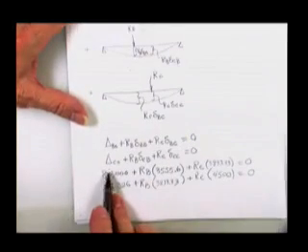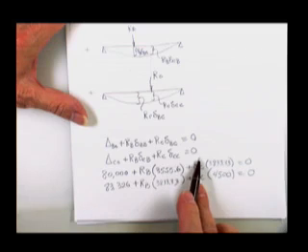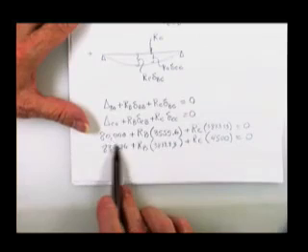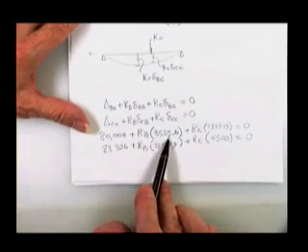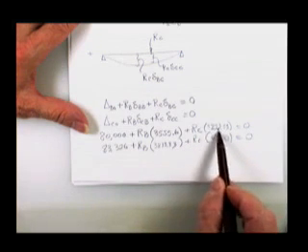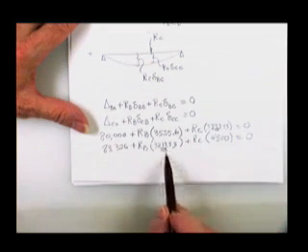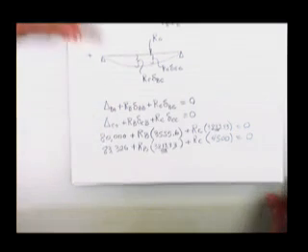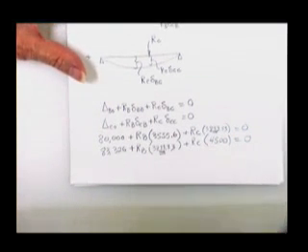Second equation says the same thing for C. Plug in our numbers. 80,000 plus R sub B times the number we got plus R sub C times the number we got. You'll notice how this number is the same as that number. And you solve those two equations simultaneously.